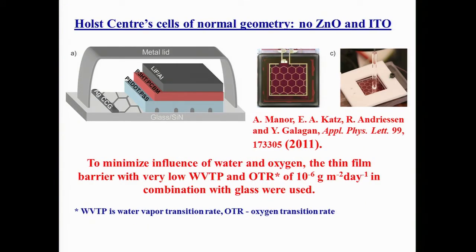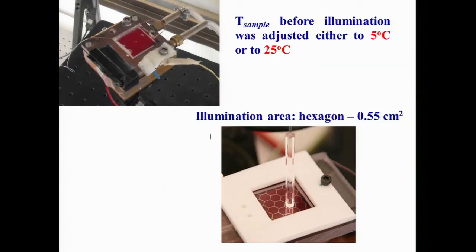We use host cells with zinc oxide and even titanium oxide-free cells with this hexagonal structure of contacts. We did PV characterization as a function of light intensity of these cells and published it in 2011, again with Yulia and her colleagues. This P3HT:PCBM was very well encapsulated, and I can show you how good it is, but let's talk first about the temperature.